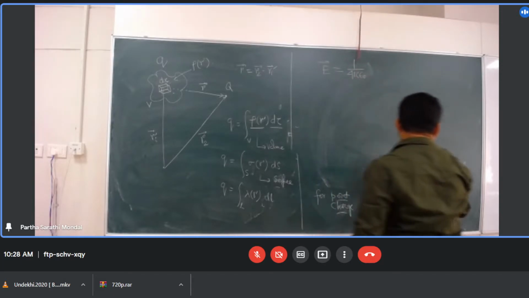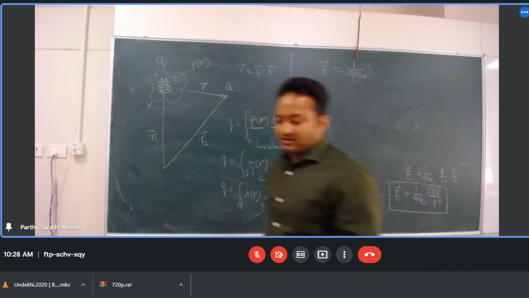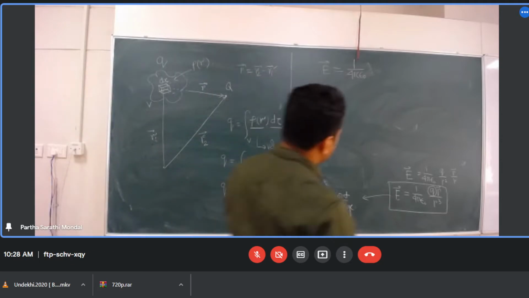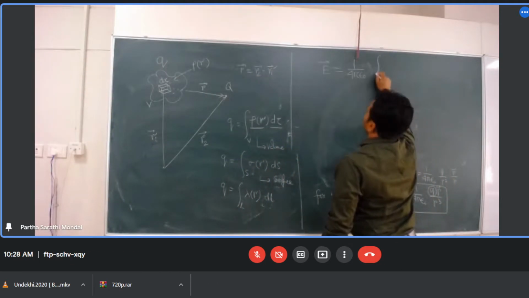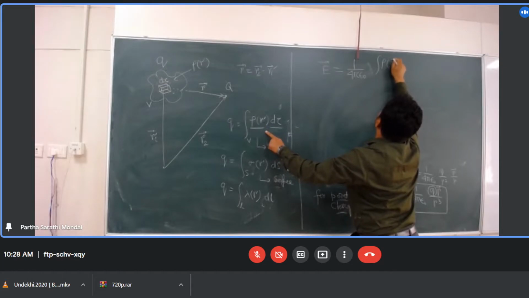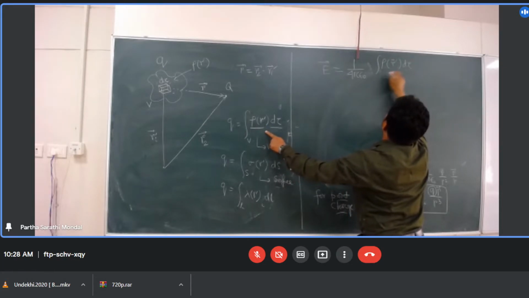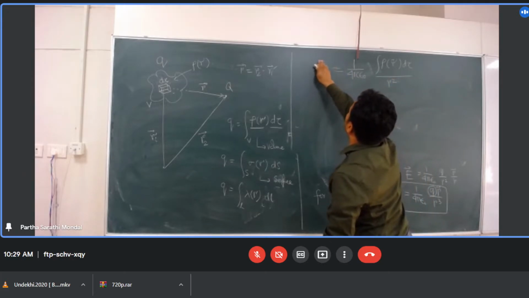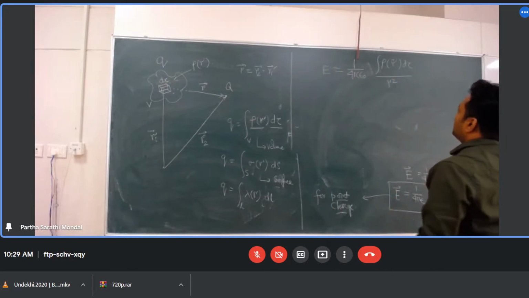तो q के जगह में आपको जस्ट ये लिखना है, so let's say for volume charge distribution, rho r dot theta divided by r square आप लिख सकते, ये आपका अभी तक जो है it is your scalar form.